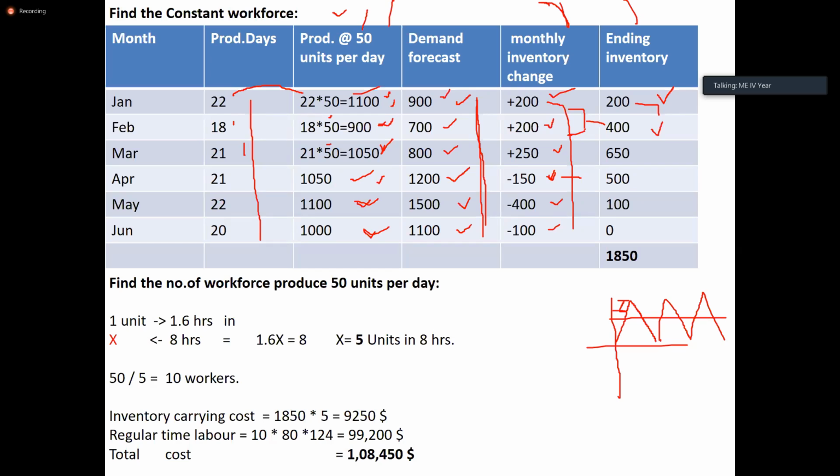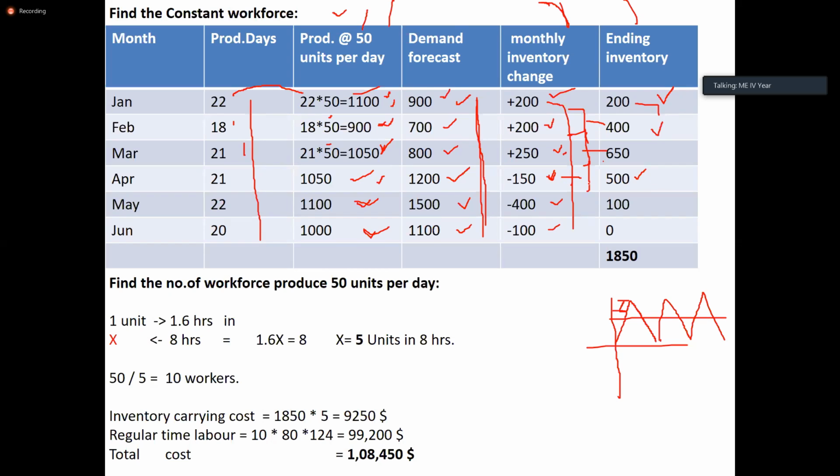Then after completing March, again accumulating 250 products, that is 650. Then at the end of April, you need to take material from the warehouse, that is 150. From 650 you are taking 150, so you have 500 in inventory.